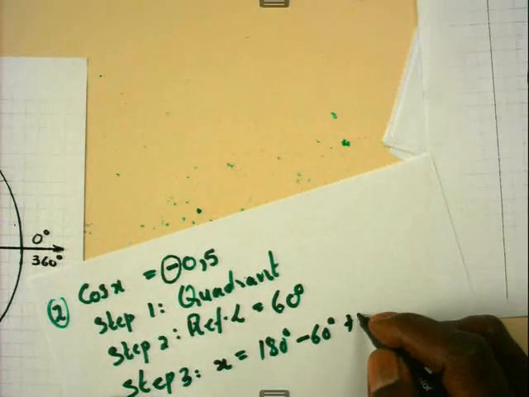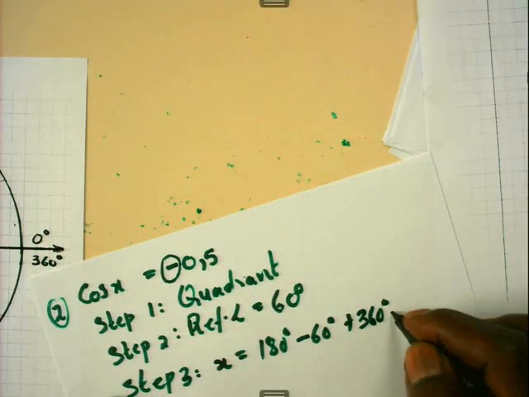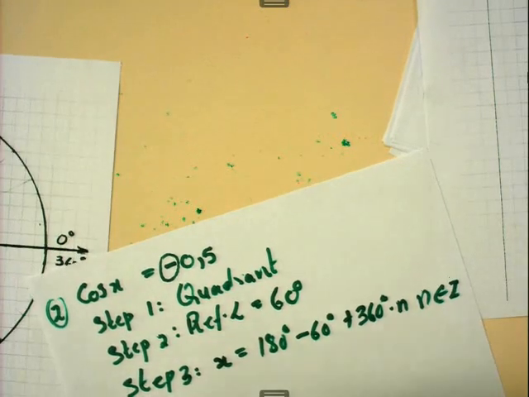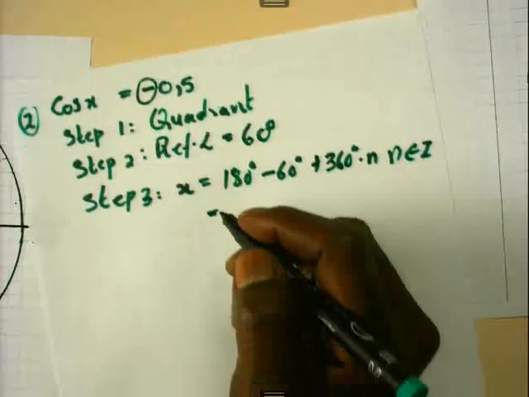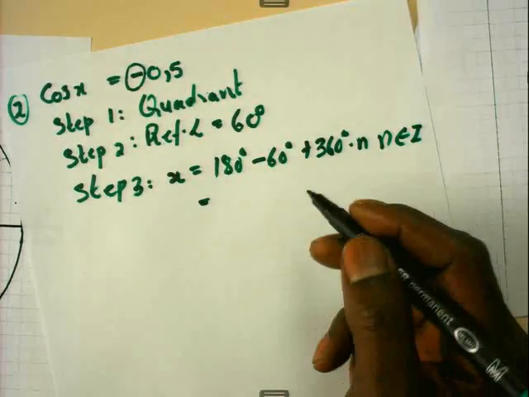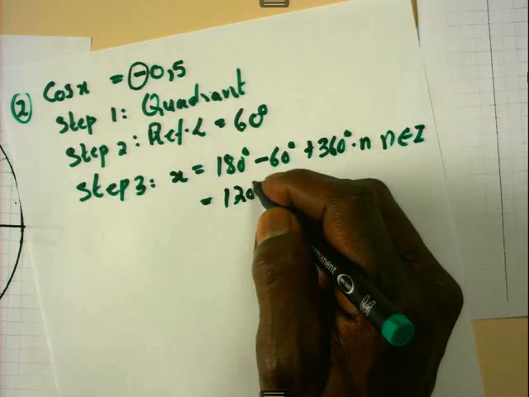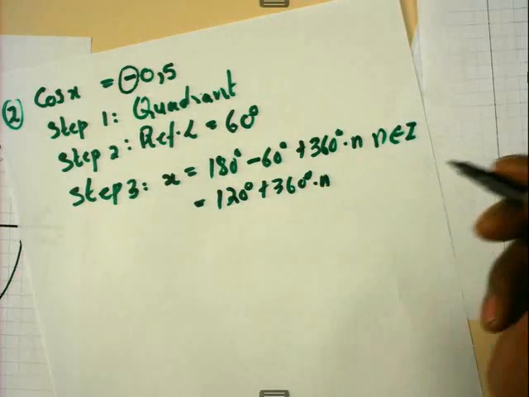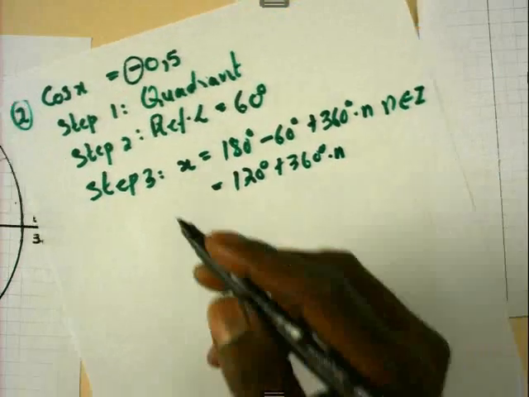Therefore, I'll say plus 360 degrees times n being an element of integers. And if we simplify this, 180 degrees minus 60 degrees will give us 120 degrees plus 360 degrees times n being an element of integers.